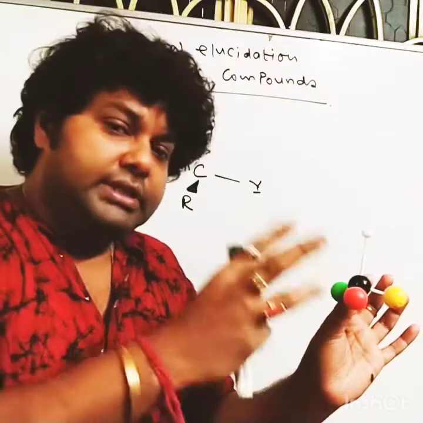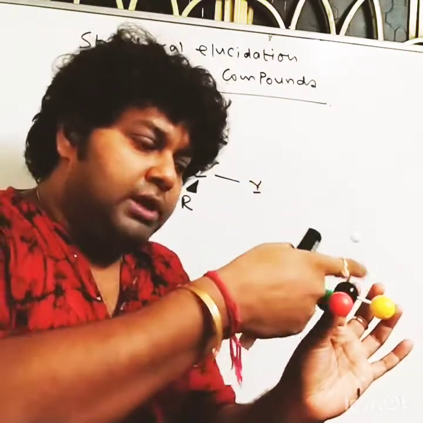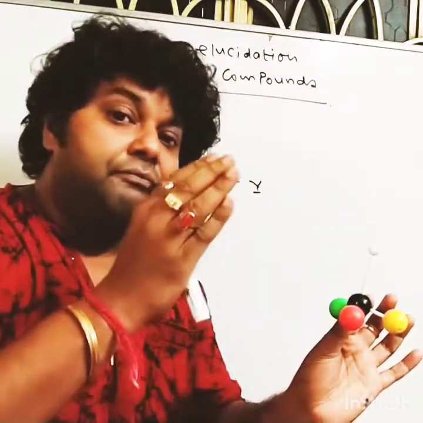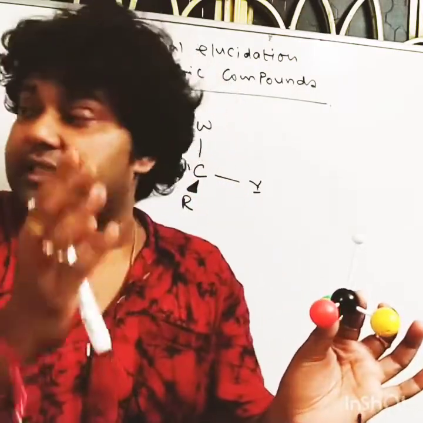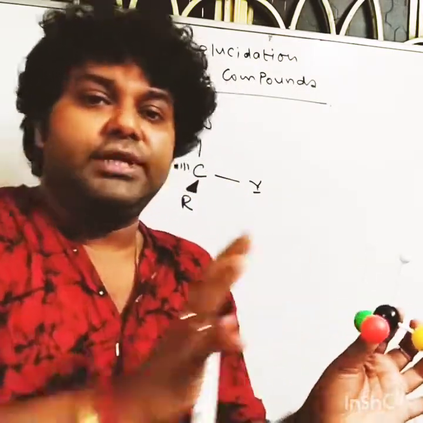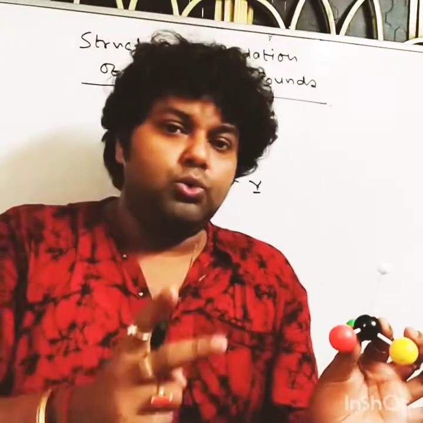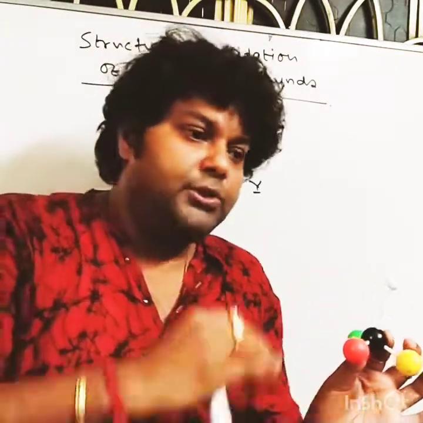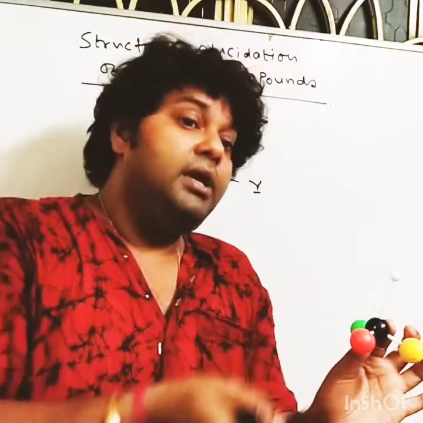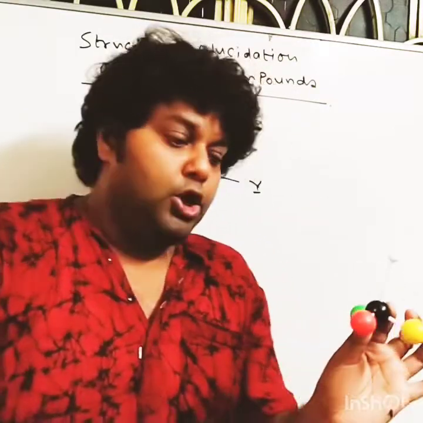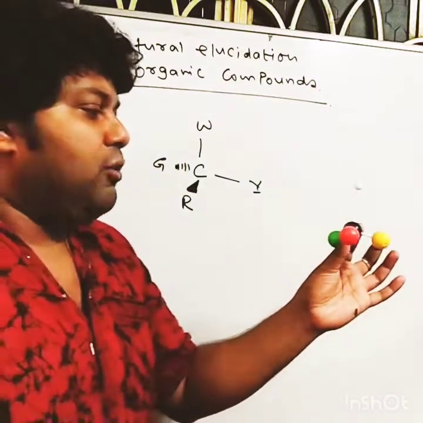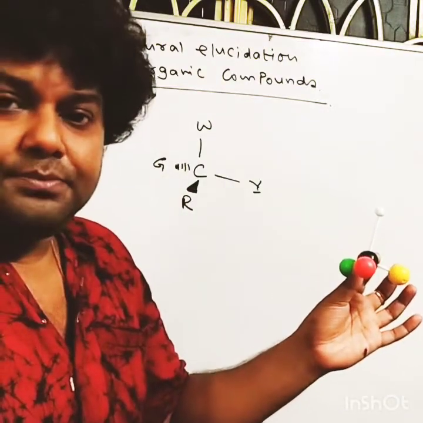Right now it is three types, that means the normal bonds are also there on the plane. But Mr. Fischer is telling that you should convert into a structure where you do not have three types of bonds and you have only two types. One type will be towards you and the other type will be behind the plane, away from you. Making sense? Now, if I am holding this, how can I do that?